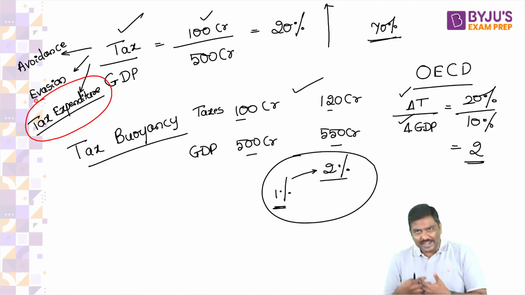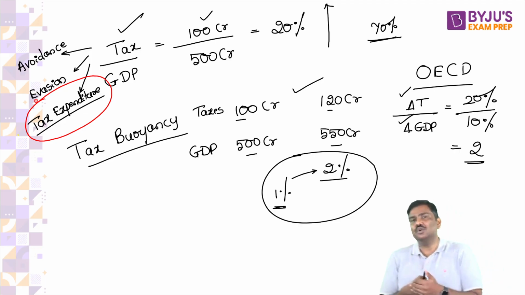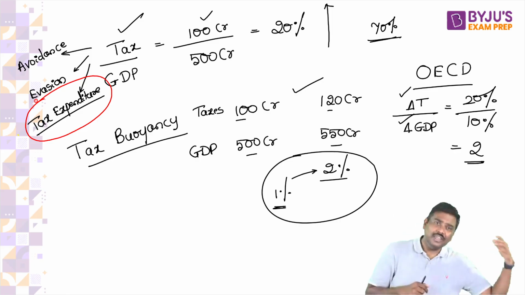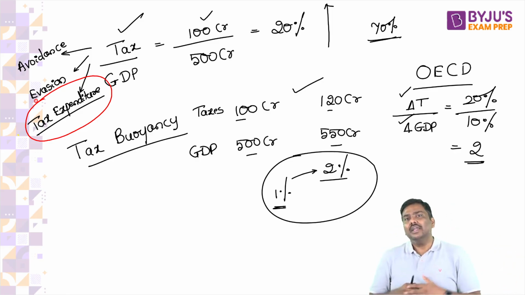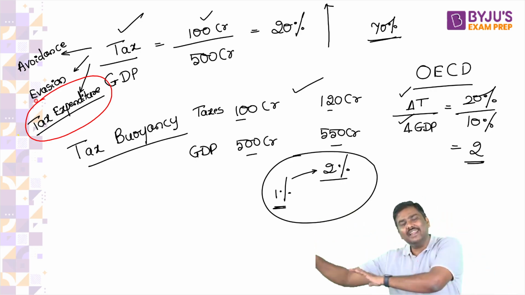If you're talking about tax to GDP ratio, can I say from last year to this year or in the last 1 decade, if tax buoyancy is very high, tax to GDP ratio will also start increasing?